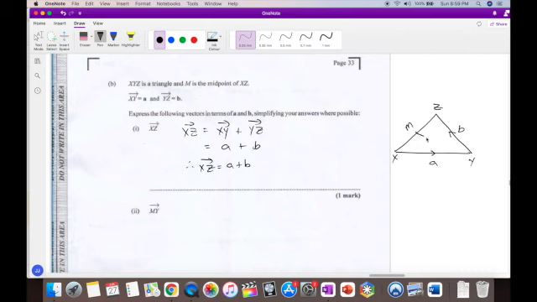So from M to Y, I would have to go from M to X and X to Y. So from M to X plus X to Y. Now I already saw that XZ in this direction is A plus B.